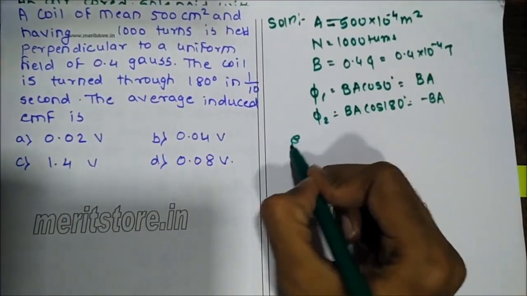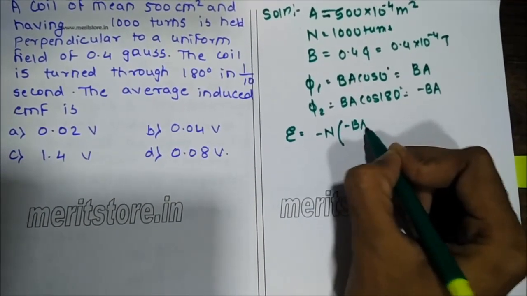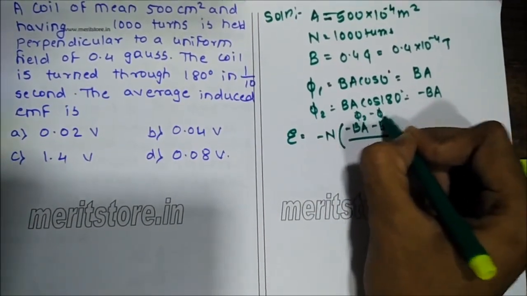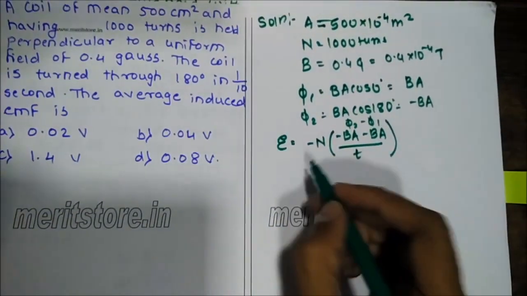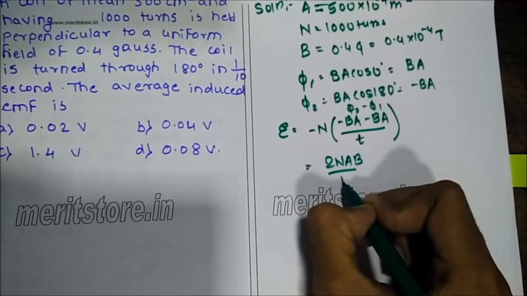So the average induced EMF E is equal to minus N times minus BA minus of plus BA, that is phi 2 minus phi 1 upon the time t. Okay, so it is going to be 2NAB upon time t.